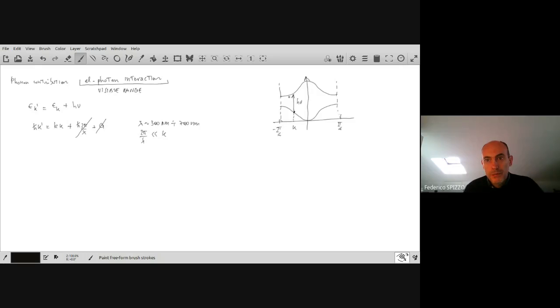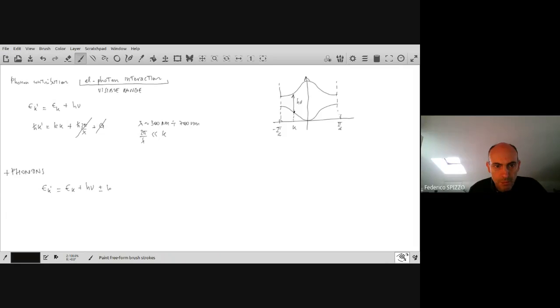What happens now if we consider that this process takes place in a system where we have electrons, but we have also phonons there? So if we now include phonons, the final energy for the electron is equal to the initial energy of the electron plus the energy of the photon, as we consider an absorption process.